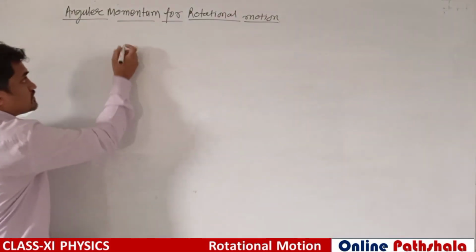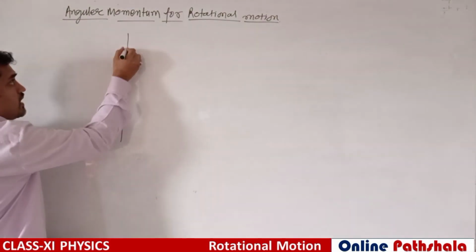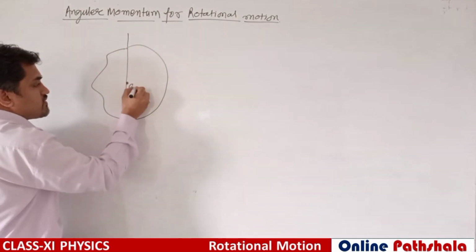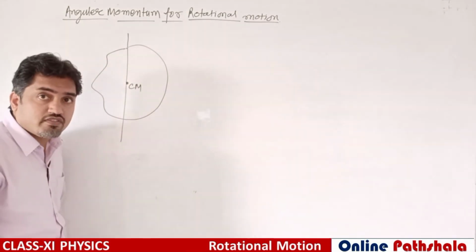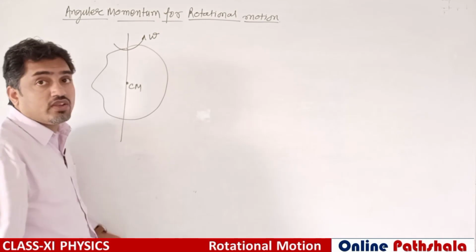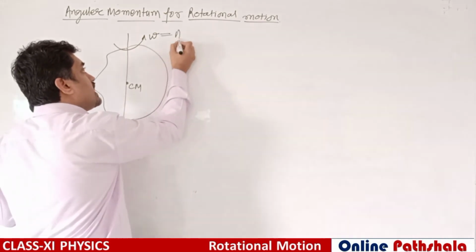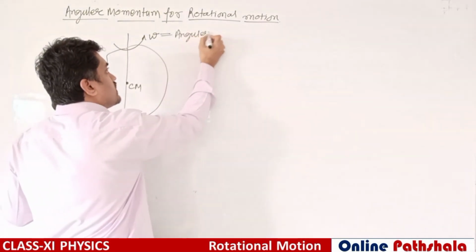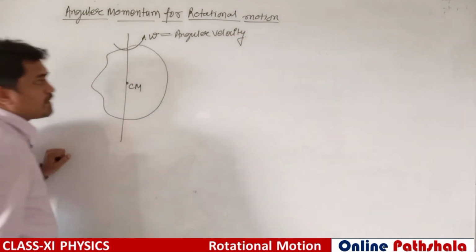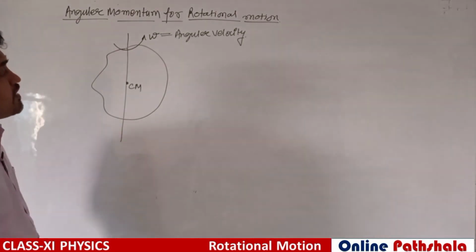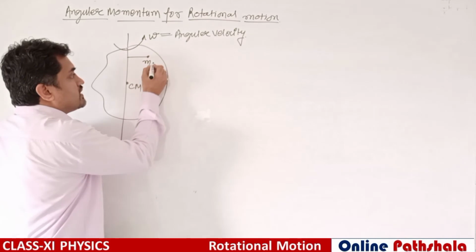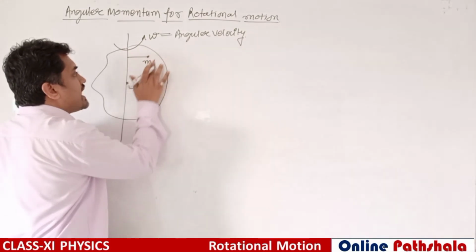Let us consider a rigid body, and the axis of rotation passes through the center of mass, and the whole body is rotating with angular velocity omega. To find the angular momentum of the complete body, we can divide this body into n particles.